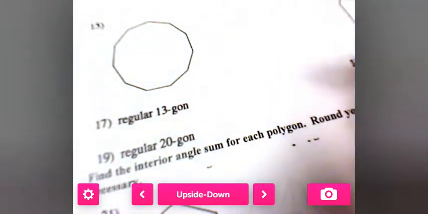It says find the interior angle sum for each polygon. It says find the sum. Which equation are you going to use if you're finding the sum of an interior angle? Yes. Are we clear? Okay. 31 and 32 ask for something different.